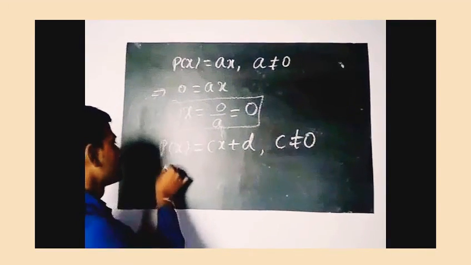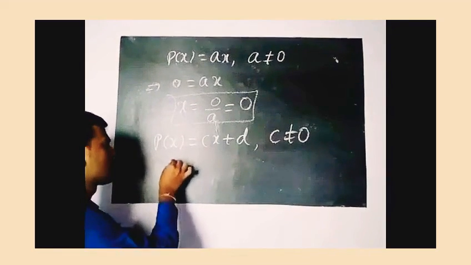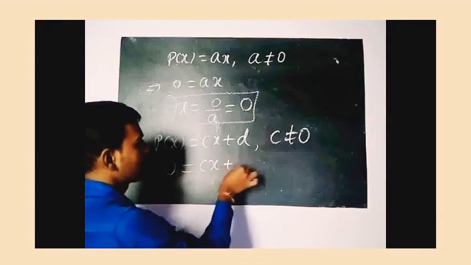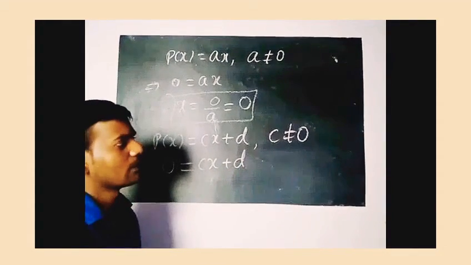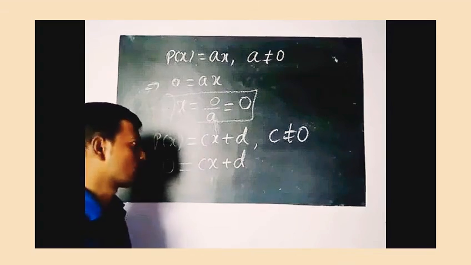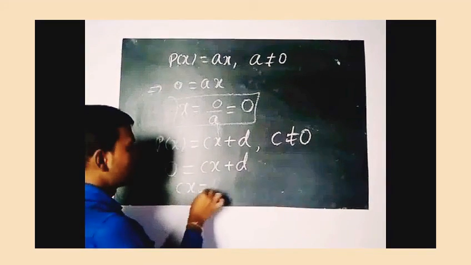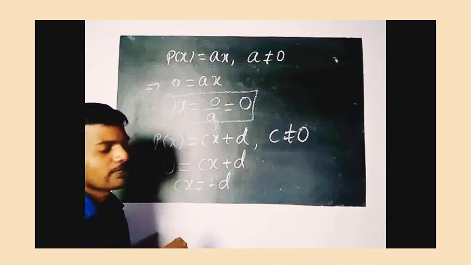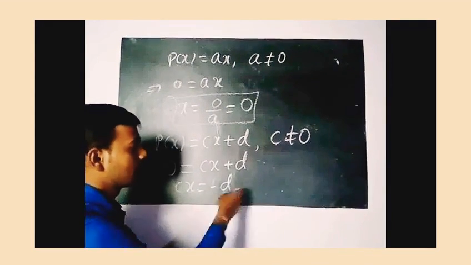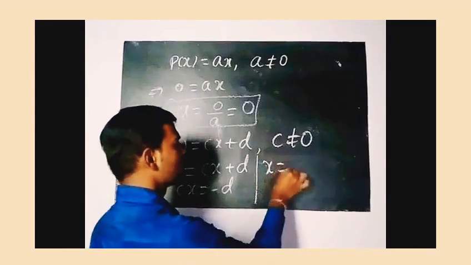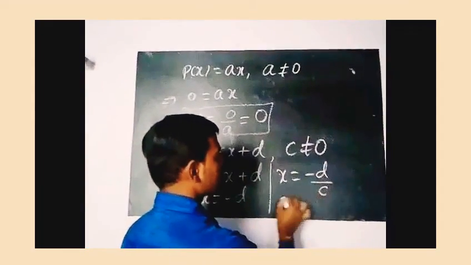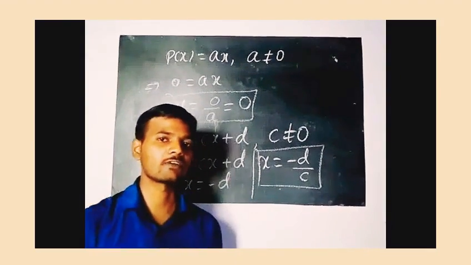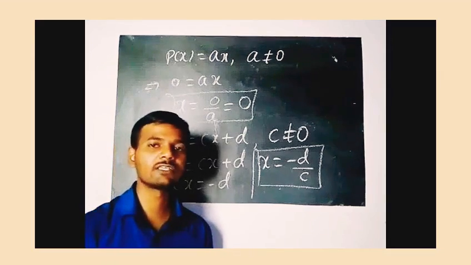To find the zeros of the polynomial, put p of x is equal to 0, then cx plus d is equal to 0. Then d transfers to the other side and becomes minus d, so cx is equal to minus d, then x is equal to minus d by c. This minus d by c is the zero of the polynomial.